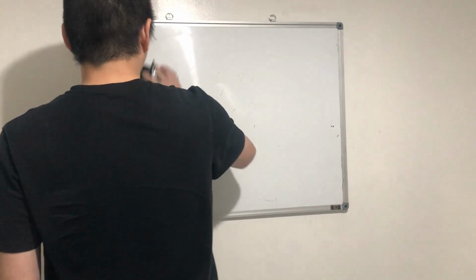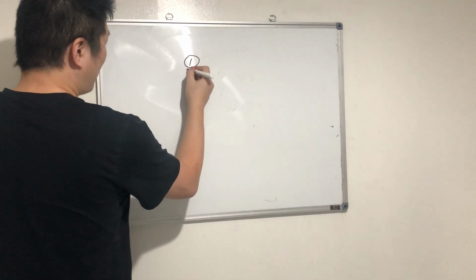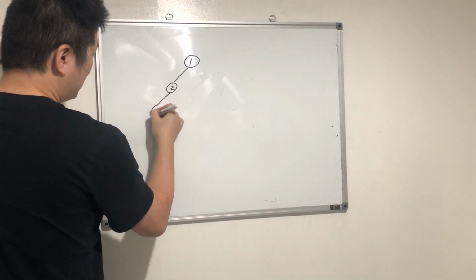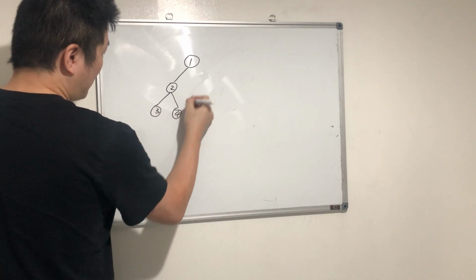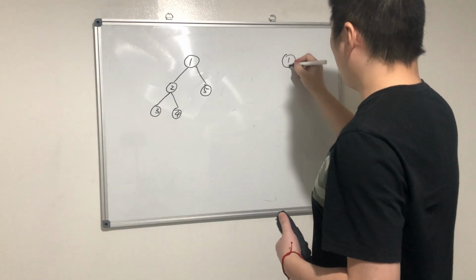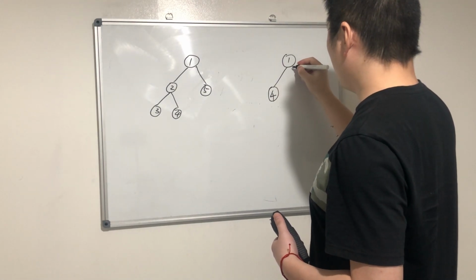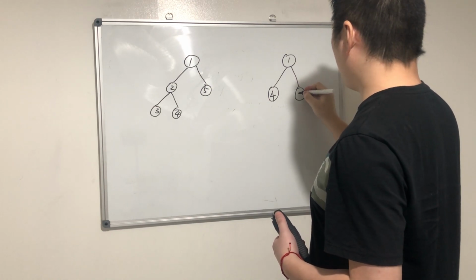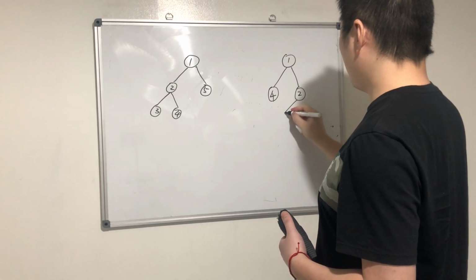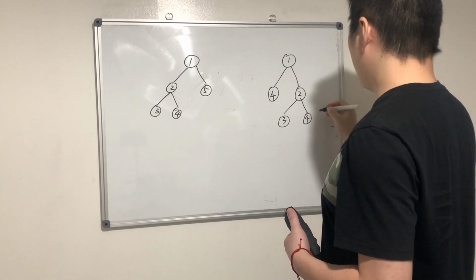Okay, so today we talk about checking if two trees have similar leaves. For example, like this tree, 1, 2, 3, 4, 5, and then this tree, 1, 4, 2, 3, 4.